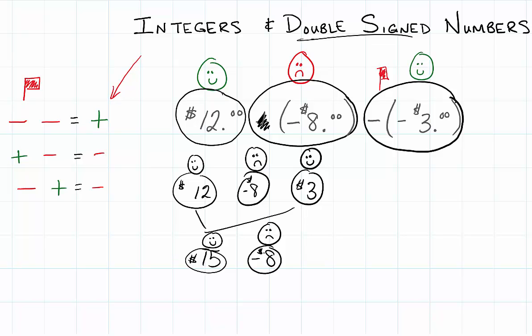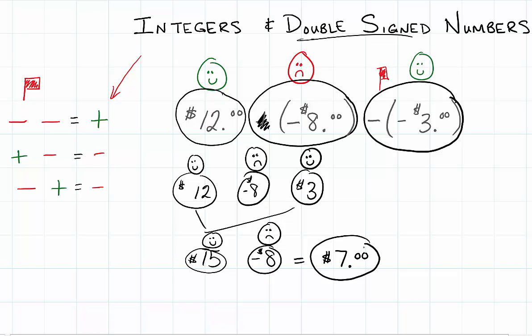I like using the counting up method for myself because I can count easily from 8 to 15 and find out how much more money do I actually have. Well, if I count up from 8, 9, 10, 11, 12, 13, 14, 15, that gives me a total of $7 that I have left. And that's my money. I had $15, I paid for something that was $8, and I have $7 left.